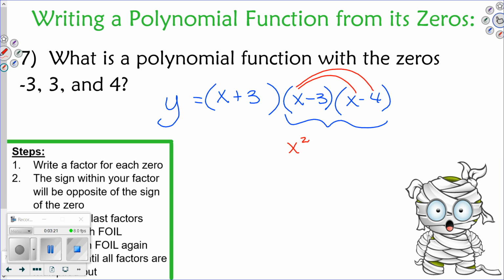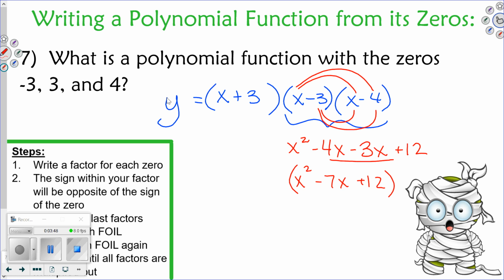X times -4. We're distributing. -3 times x. And then -3 times -4, positive 12. Please collect your like terms so you don't make your life super hard on yourself. That gives you -7x.